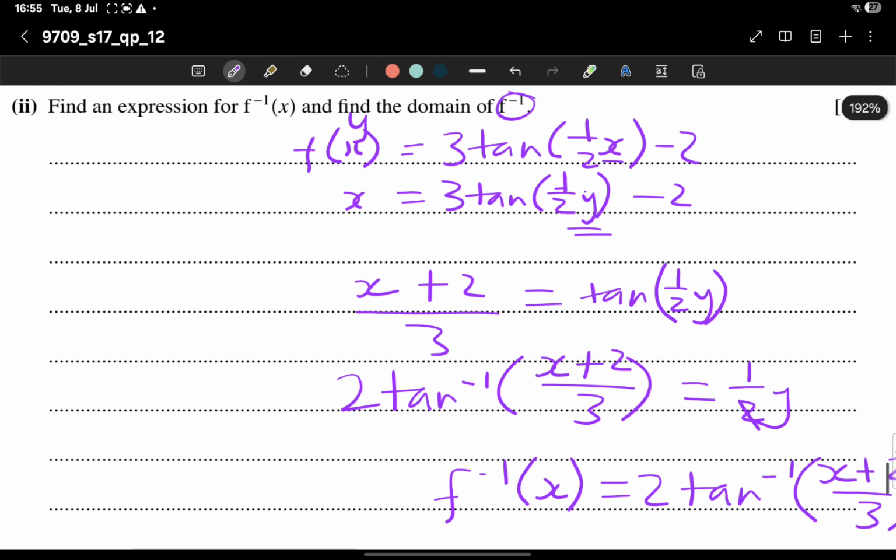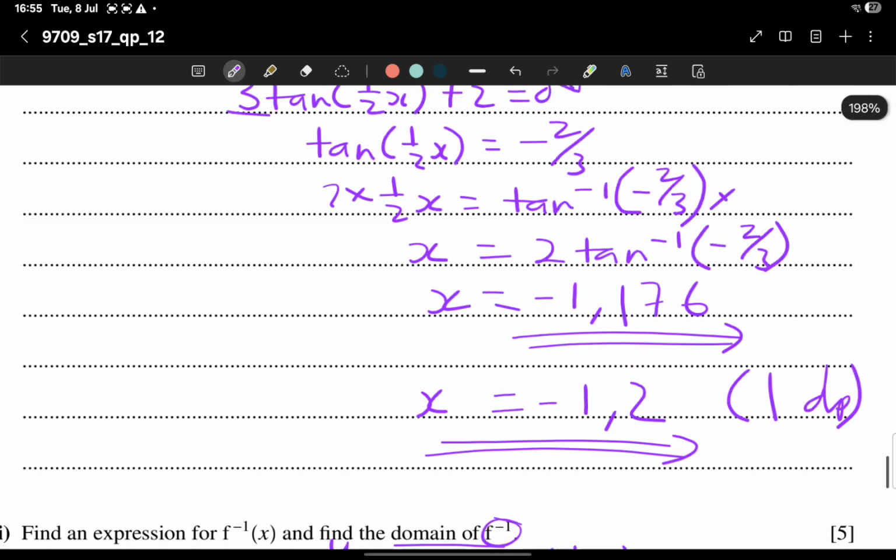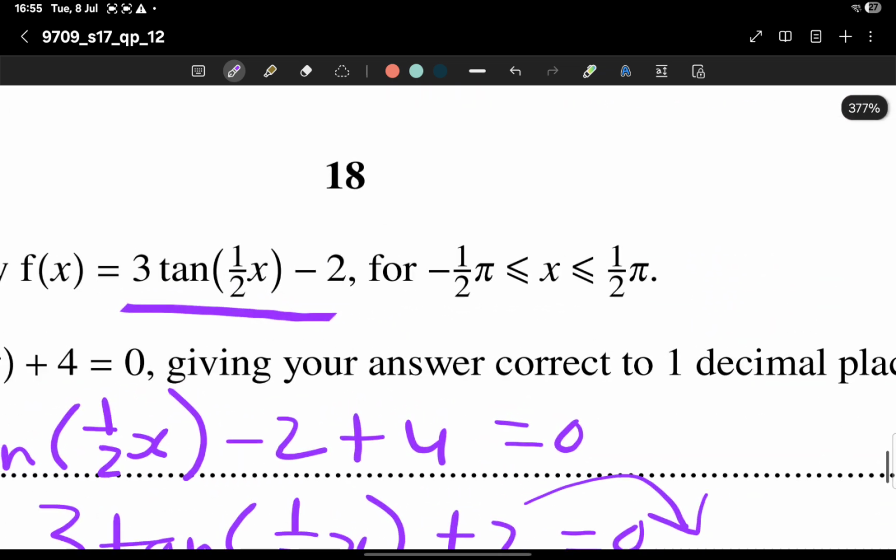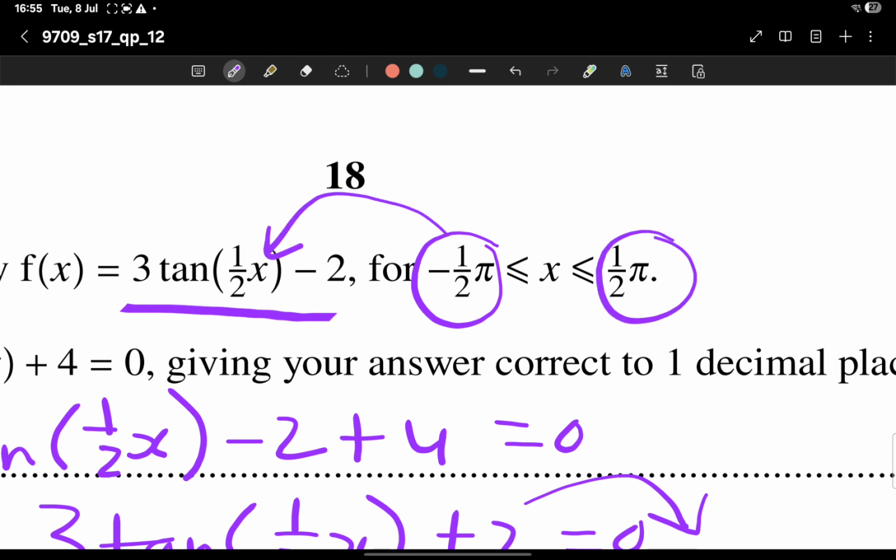And the question said find the domain of the inverse, and we know the domain of the inverse is equal to the range of f(x), right? And what is the range of f(x)? For us to get the range of f(x), we are going to substitute -π/2 into this and π/2 into that.